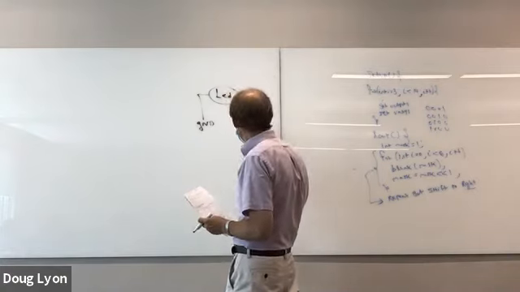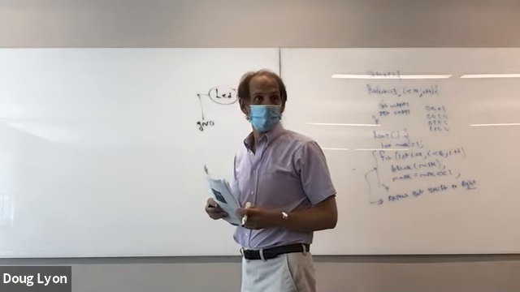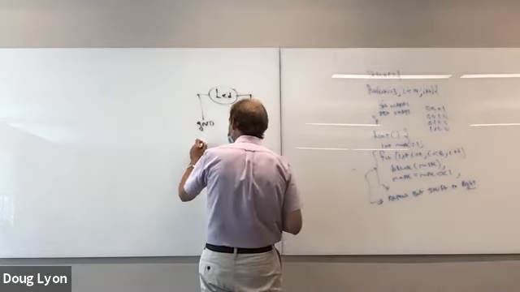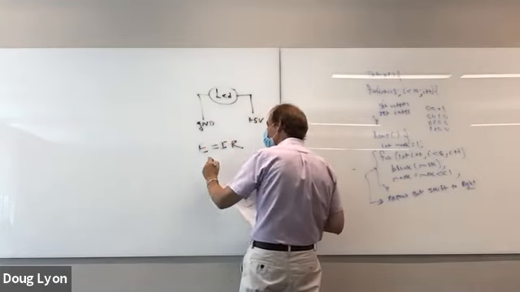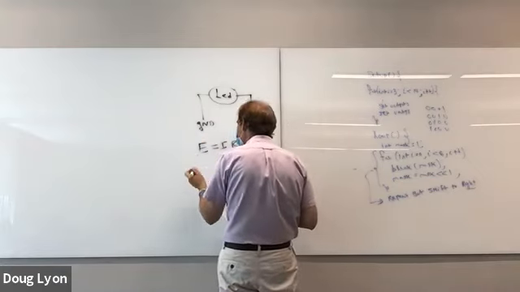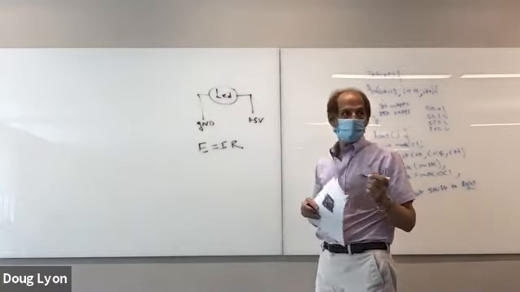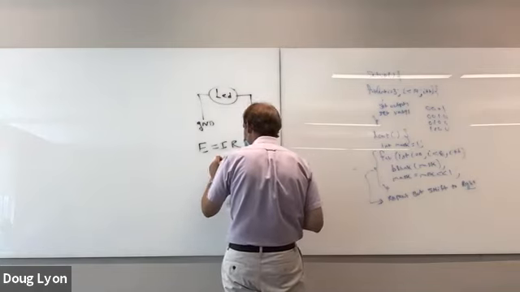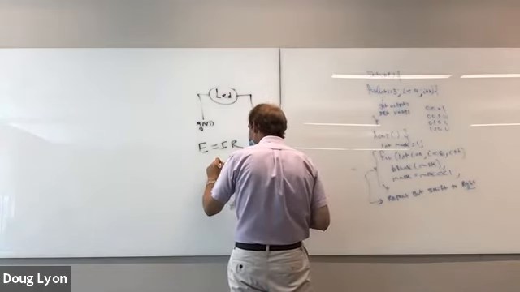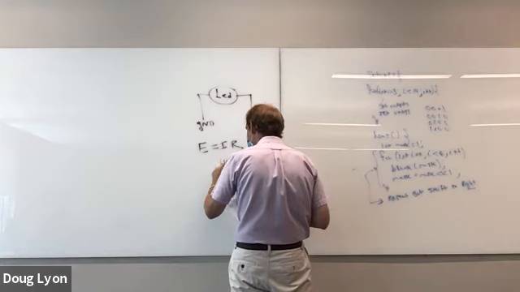If you've got 5 volts, and you know something about Ohm's law, you could do something like this. You could say E equals I R. If you knew that you were going to have a current of 45 milliamps, that would be 45 divided by 1,000.